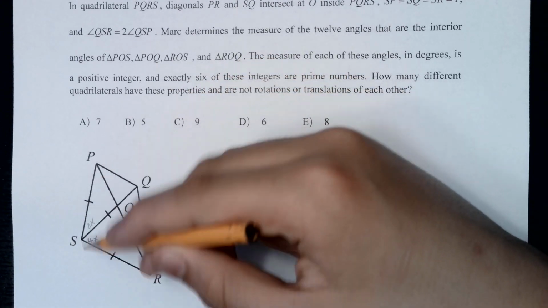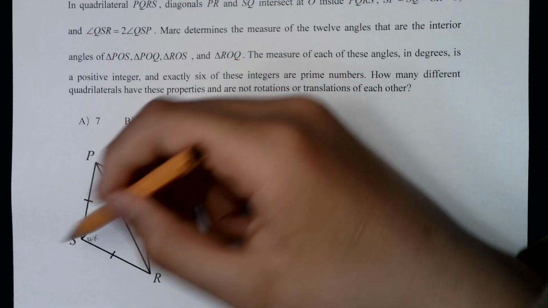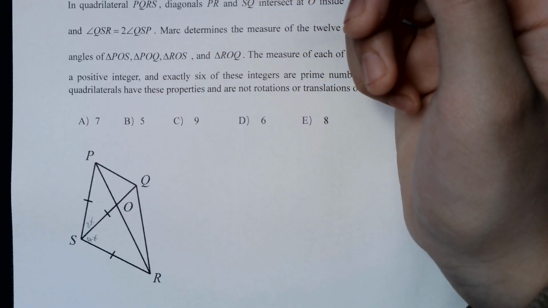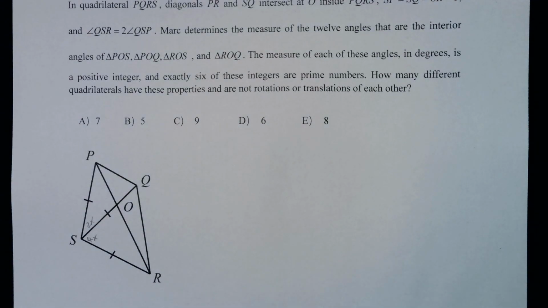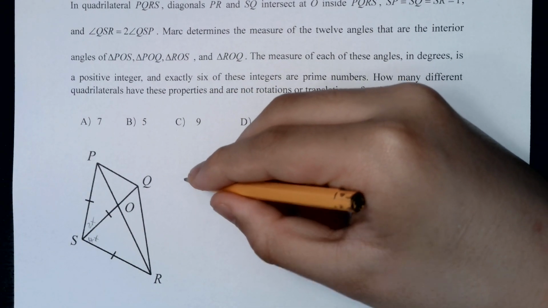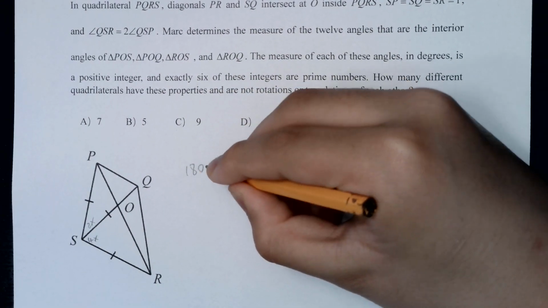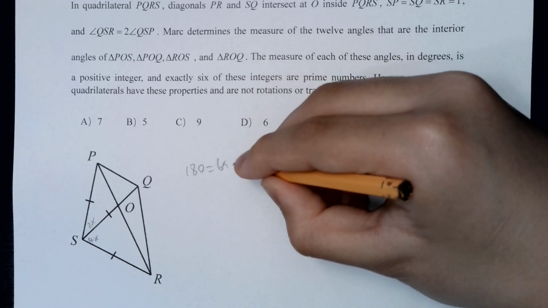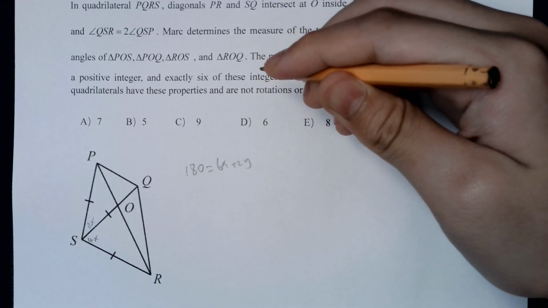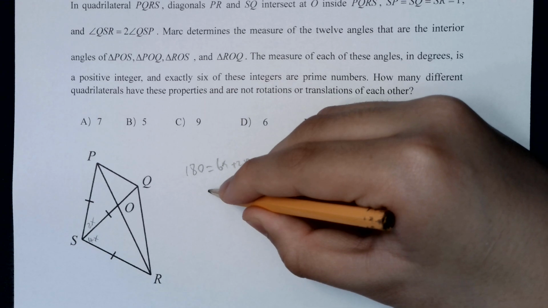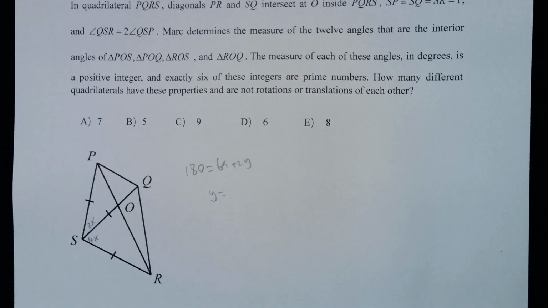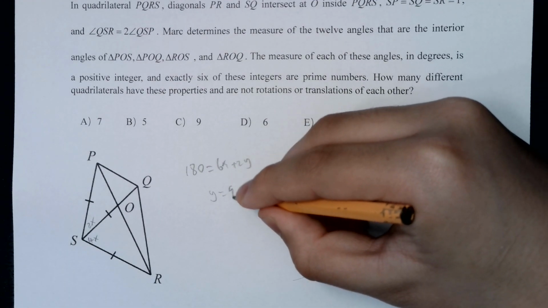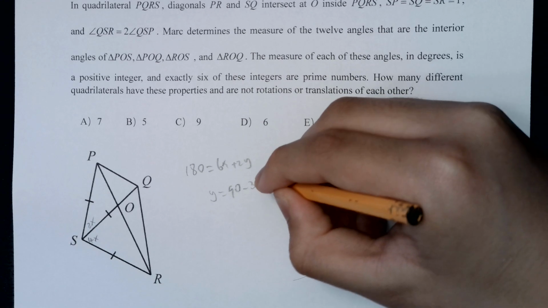Since this triangle here is an isosceles triangle, as these two sides are equal to each other, we can see that 180 is equal to 6x plus 2y. This means that y, or SPR, which is also SOP, we can solve in terms of x, is going to be equal to 90 minus 3x.